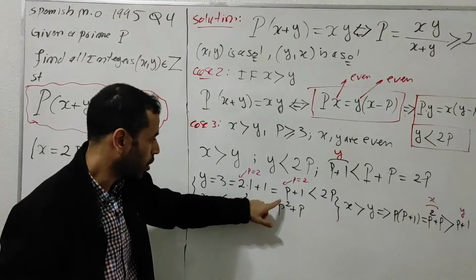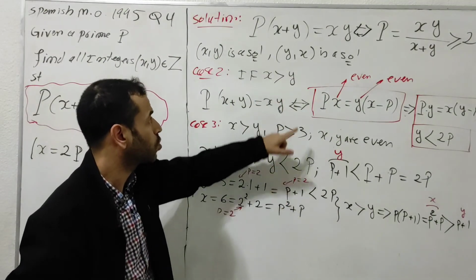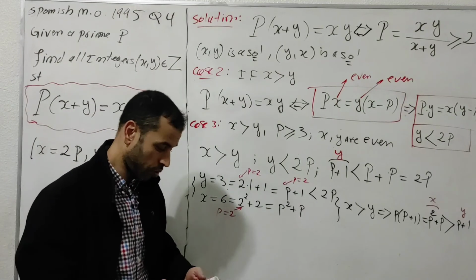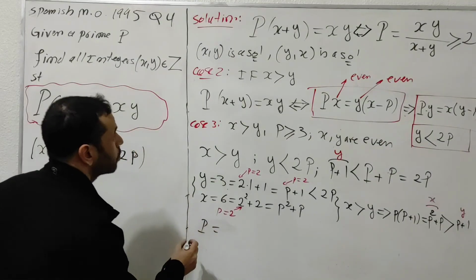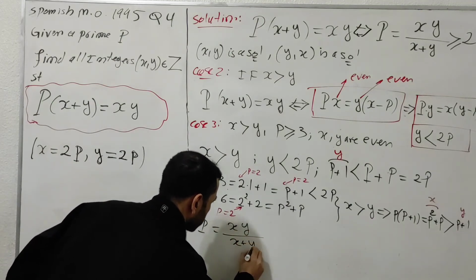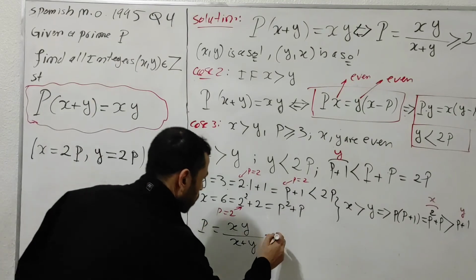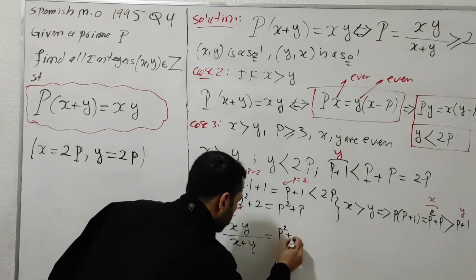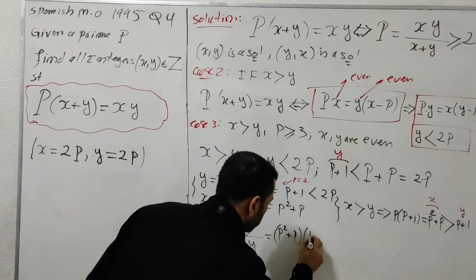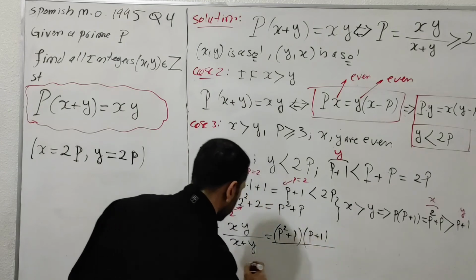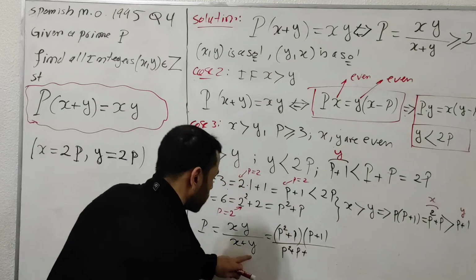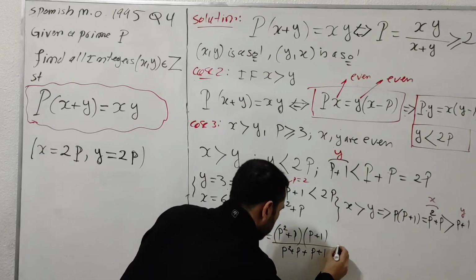What's left now? I'm going to check these solutions by plugging them into this equation to check whether they verify this equation or not. We have p as a prime equal to x multiplied by y divided by x plus y. By replacing x with its value, I will get p squared plus p multiplied by y, which is p plus 1, divided by p squared plus p plus p plus 1.